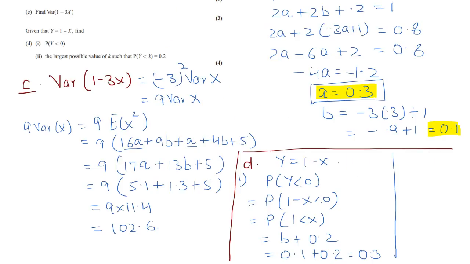And the second part is the largest possible value of k such that P(Y is less than k) is equal to 0.2. So P(1 minus X is less than k) is equal to 0.2.